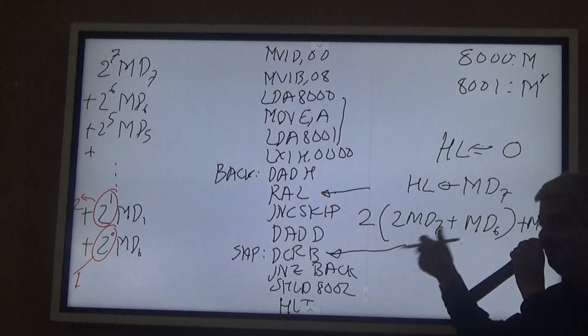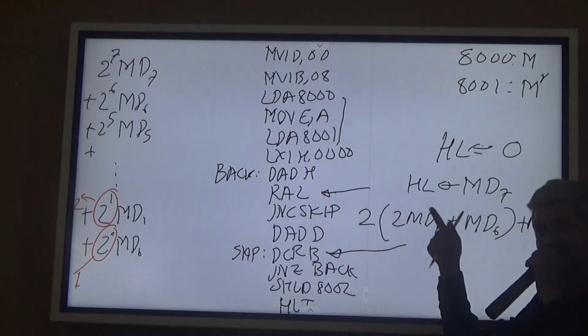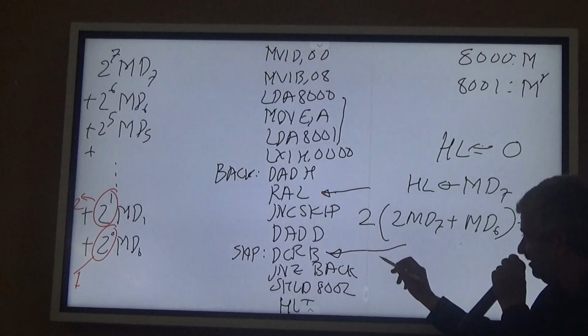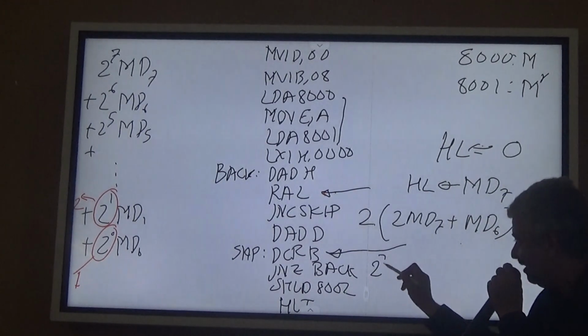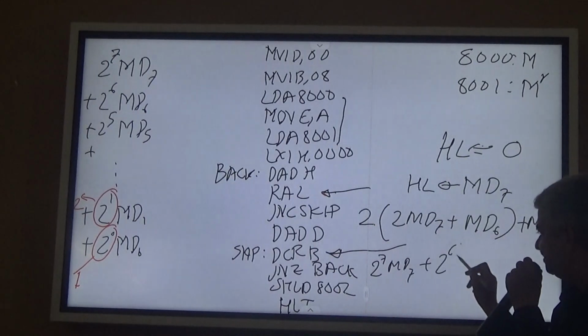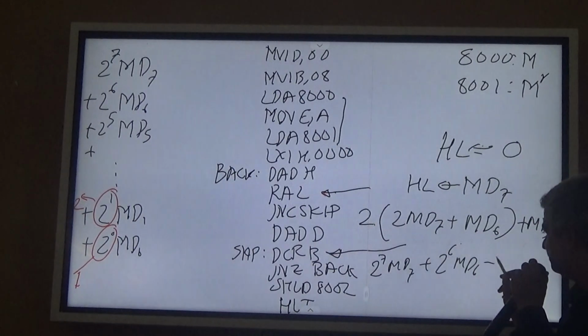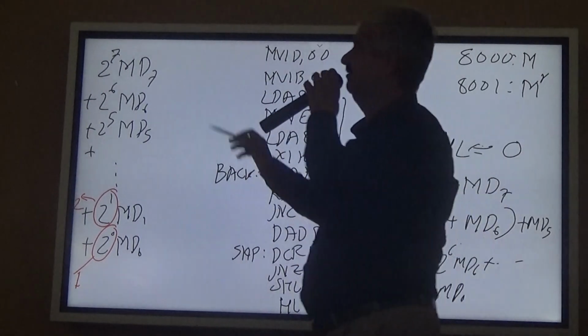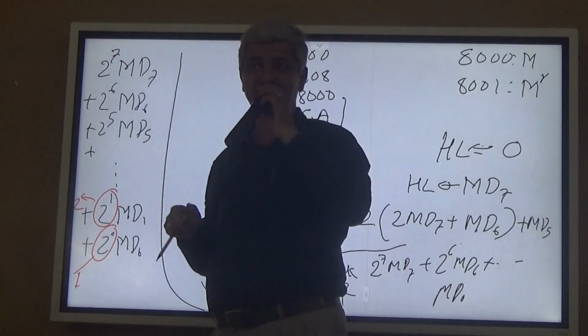So each time it will be multiplied by two and this continues till B becomes 0. At the end it would be 2 raised to 7 MD7 plus 2 raised to 6 MD6 plus up to MD0. That's the answer. That is my multiplication. Is it okay?